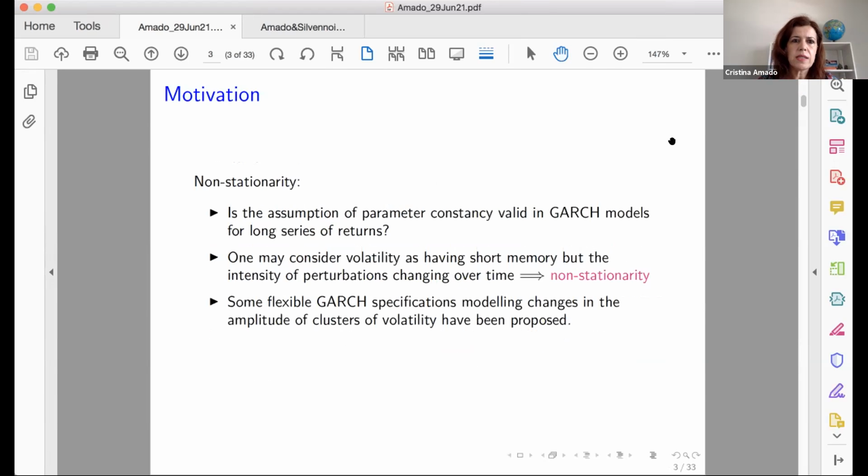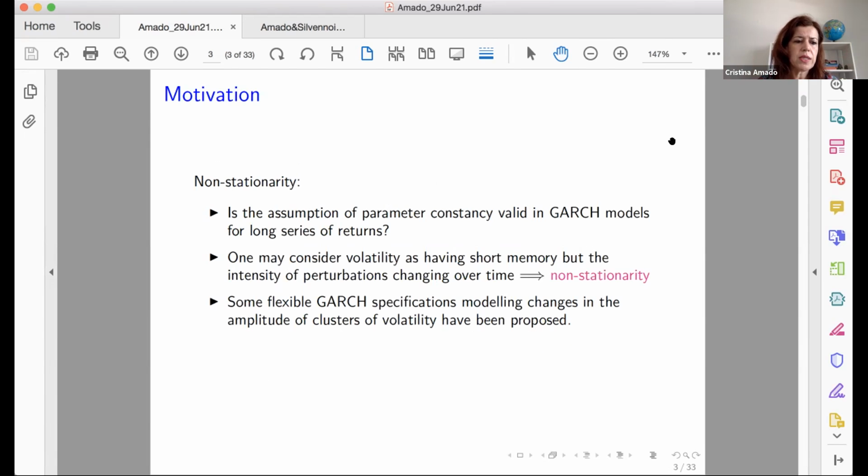I've been working on this for a few years now. The idea is: is the assumption of parameter constancy valid in GARCH models when we are working with a very long return series?